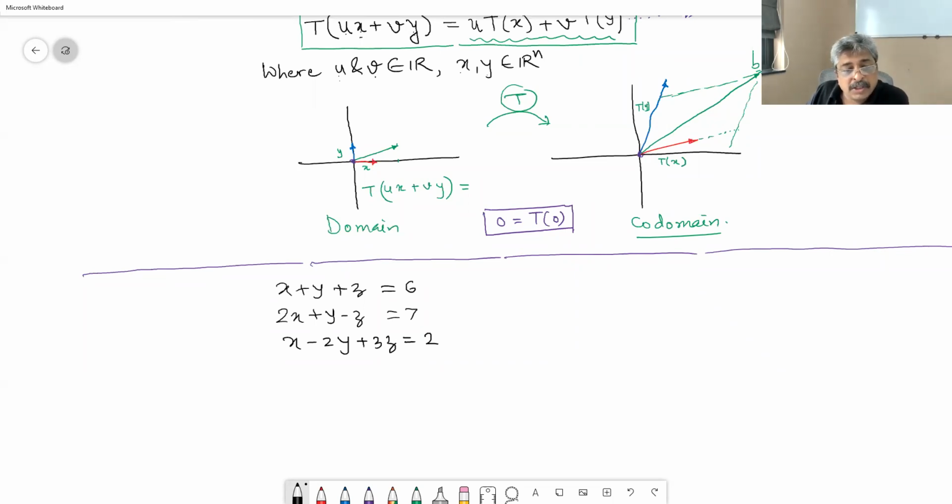Okay, now this is system of simultaneous equations that we wish to figure out whether it has got unique solution, it has got more than one solution, or there is no solution, something like that.